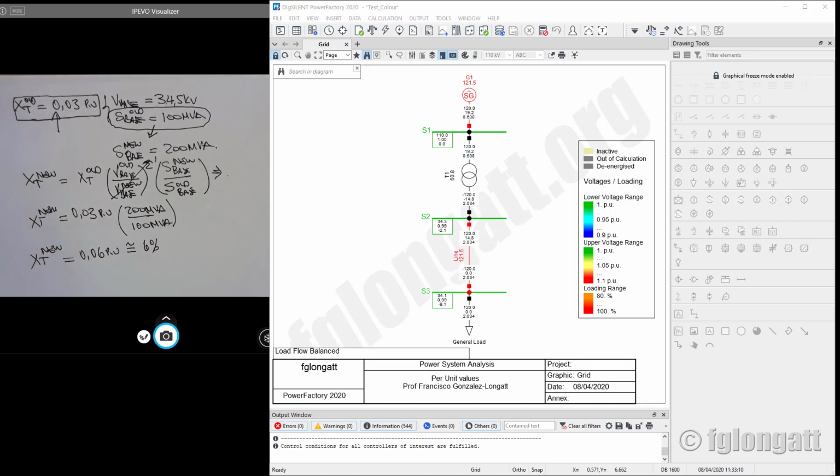Okay, it's typical that people without proper understanding of per unit values and power system analysis will say, I solved the problem of the red color. To be honest, you are solving the problem of the overloading of the transformer.